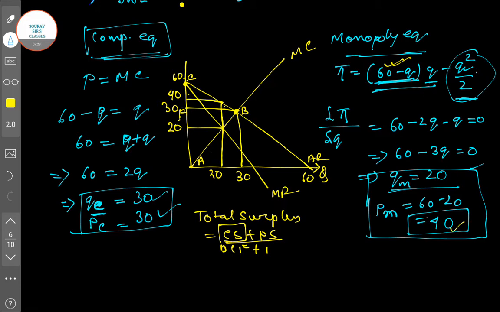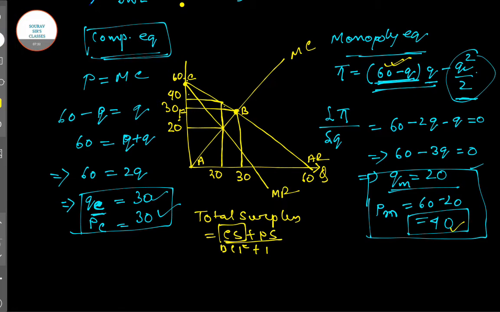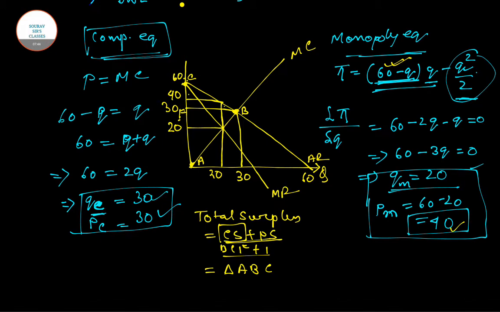Now if we simply add these two, you will get what area? You will get A, B, C, this entire area. So you will get the triangle ABC as a result of these two. Now we have to find this area.